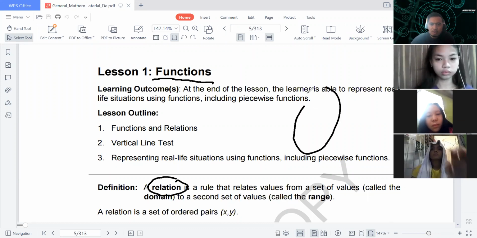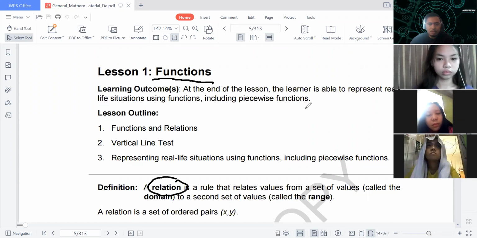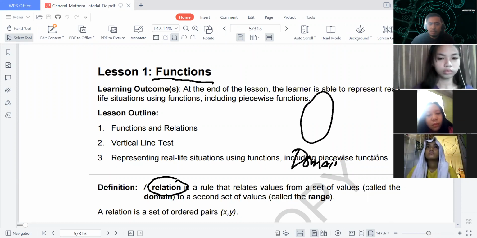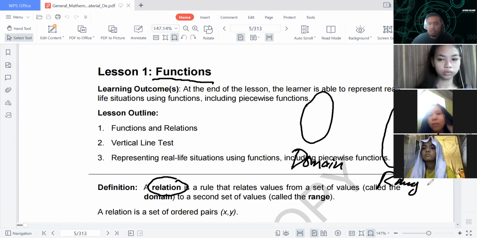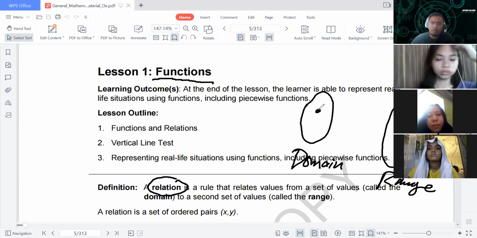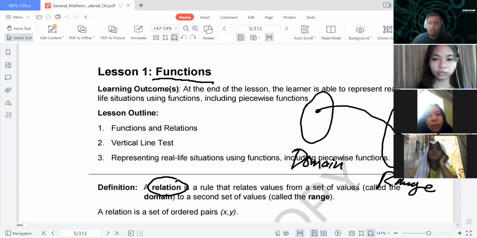Now, a set of elements, we call this the domain. And another set here, we call the range. As long as you assign at least one element from the domain going to your codomain. By the way, let us call that the codomain first, because there will be a difference between codomain and range later.